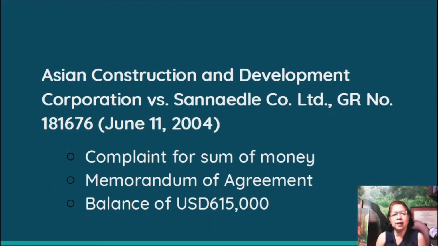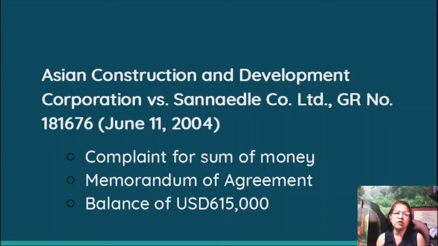Now, the case of Asian Construction and Development Corporation versus Sanadel is a good illustration of a case when a judgment on the pleadings was properly rendered. This case involves a complaint for a sum of money filed by Sanadel Company against Asian Construction, otherwise known as Asia Construct. They reduced their transaction into a memorandum of agreement.